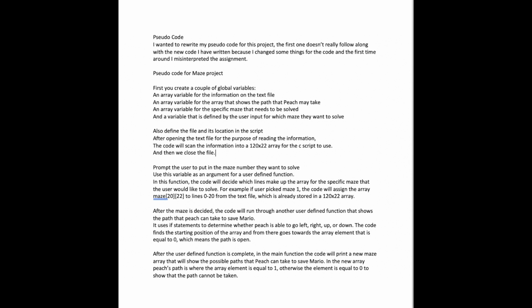The code will then prompt the user about which maze they would like to solve. The code will use this input as the argument for the first user-defined function. This user-defined function assigns a smaller 20 by 22 array to the component of the 120 by 22 array that has the information for the specific maze that was chosen by the user.